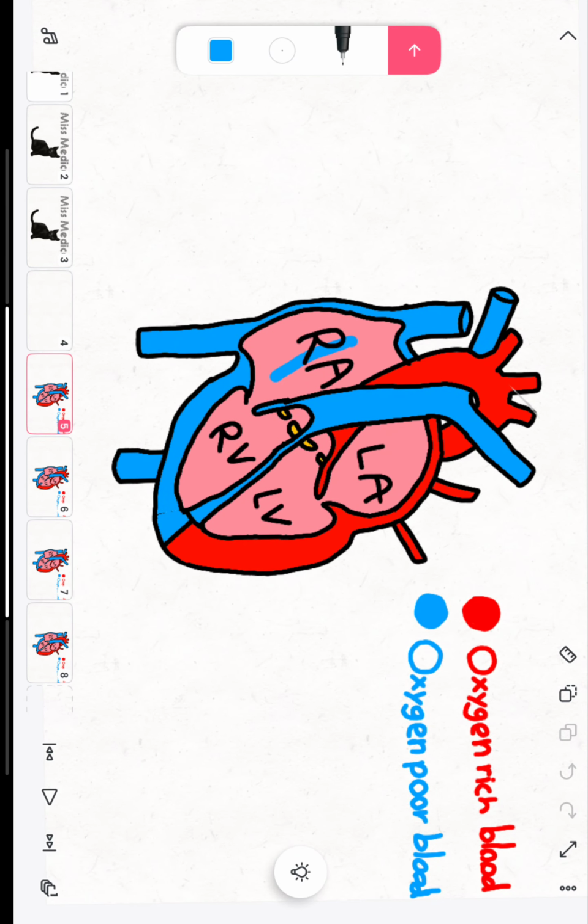Oxygen-poor blood will go through here, the right atrium, which is right here, and the right ventricle. So the normal blood system of the right atrium and right ventricle goes like this.